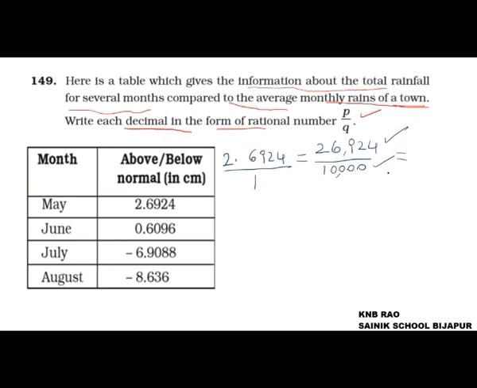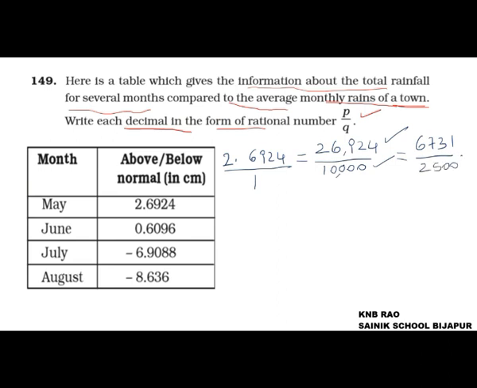If you reduce this into simplest form by cancelling both numerator and denominator with the common factor, you will get the simplest form as 6,731 upon 2,500.